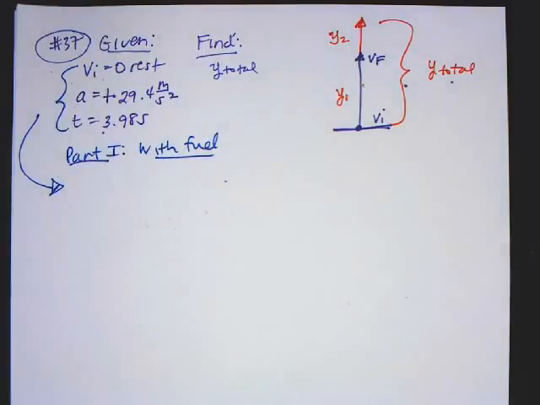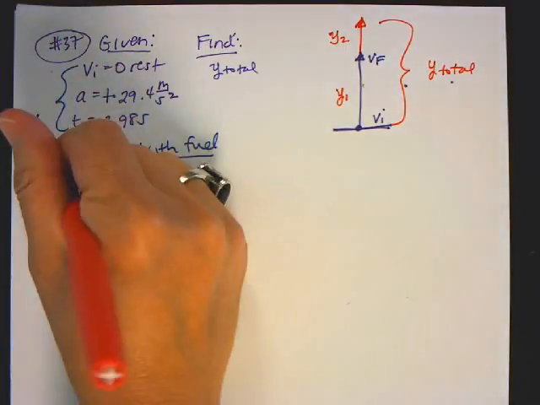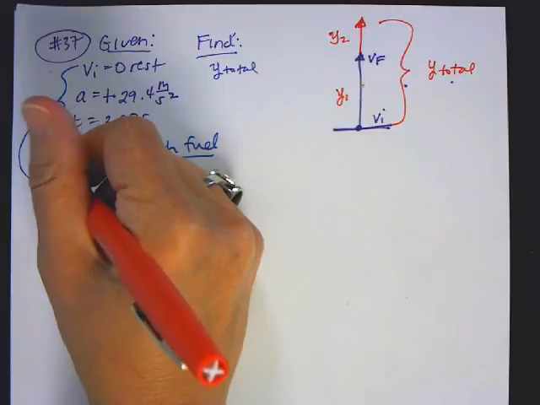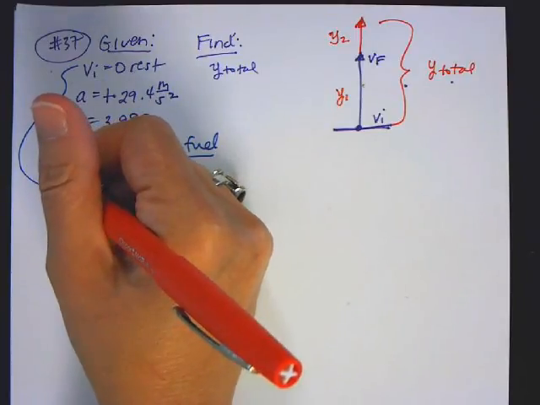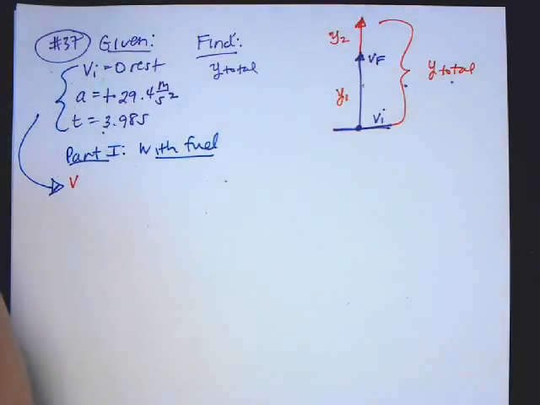We have the initial velocity. It starts from rest, so VI is 0.